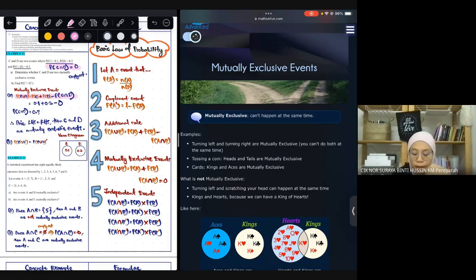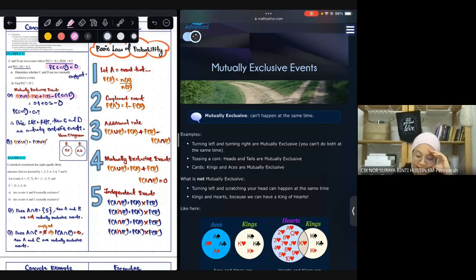You see the picture, to the left or to the right. We are humans, we cannot move in both directions at the same time. So the left direction and right direction are mutually exclusive events. You cannot do both at the same time. That is what you call mutually exclusive. So there is no intersection where we can go in both directions. Do you understand? If you understand, give me a thumbs up.